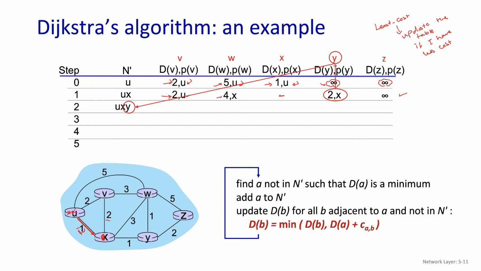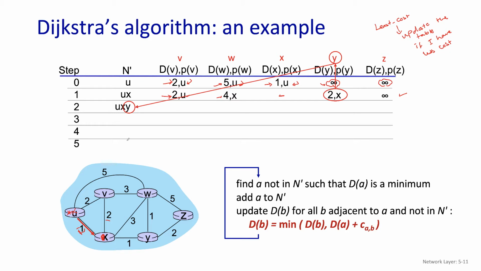In many cases, in your test, I would tell you if you have two equivalent costs, then you would go, for example, alphabetically. So here I can go through X to Y, from X to Y, right? Which is going to be 2 at this point.